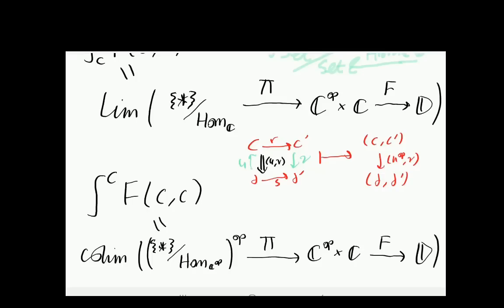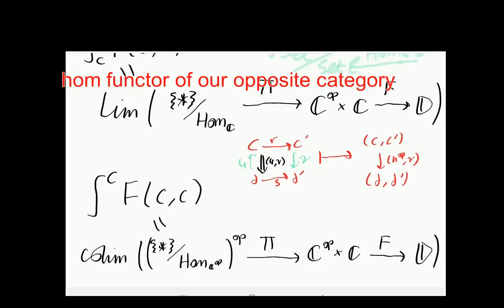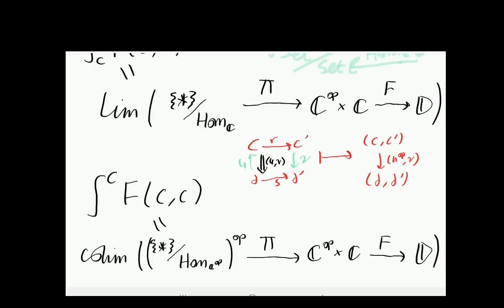Then we thought about the left Kan extension of a functor F along the Yoneda embedding, and applying that to a presheaf gave us exactly the notion of a weighted colimit, a colimit of a functor weighted by our presheaf. And when we set our presheaf to be the opposite of our Hom functor, that gave us exactly this formula for a coend. This was one of the later things we got to in that video.